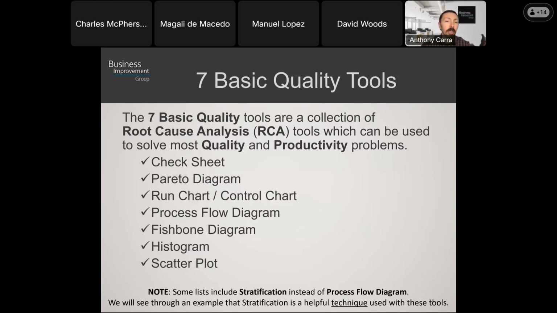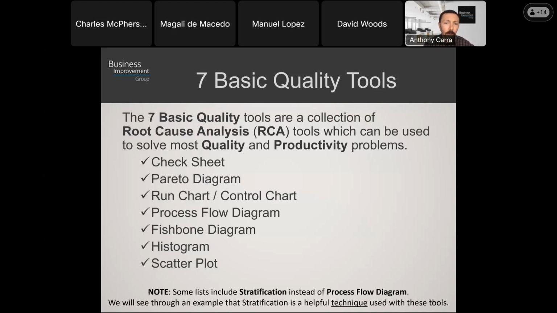Now, for the fishbone diagram folks out there that maybe got a little upset about what I said earlier, it's not the best tool for every job, but it is still a very powerful tool. It is on the list of seven, together with check sheets and Pareto diagrams. I tend to put run charts and control charts together; they're basically time charts looking for trends over time.